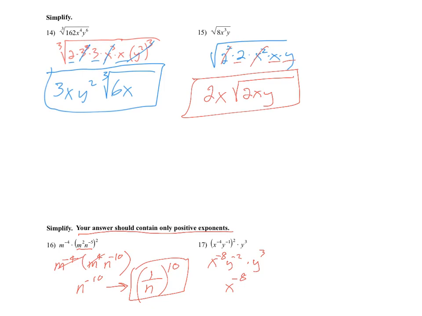But we have y to the minus 2 times y to the 3rd, which is going to give us y to the 3 minus 2, or y. We're close, but we can't have negative exponents. So this x to the minus 8th becomes 1 over x to the 8th times y, or y over x to the 8th power. And we're done.